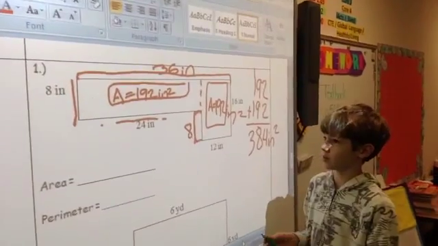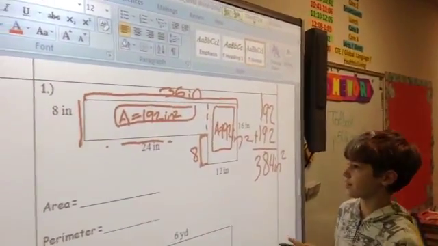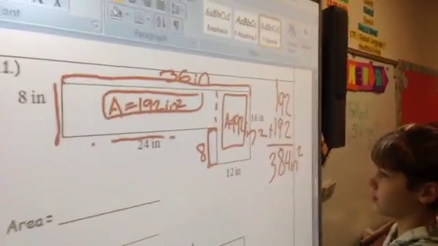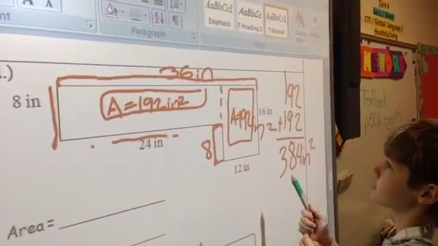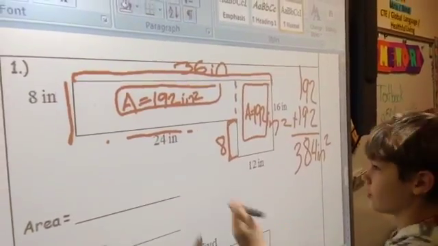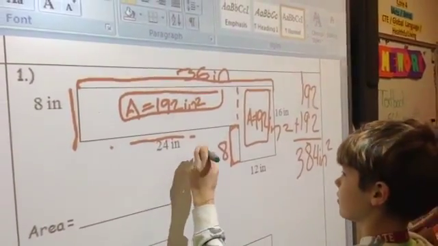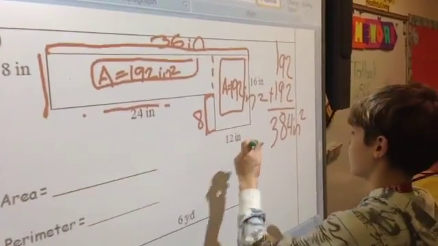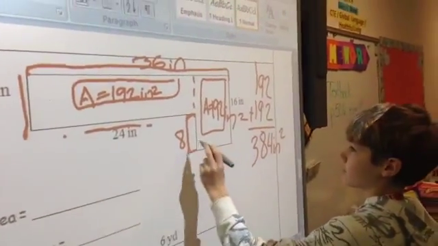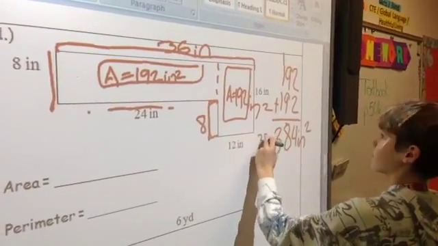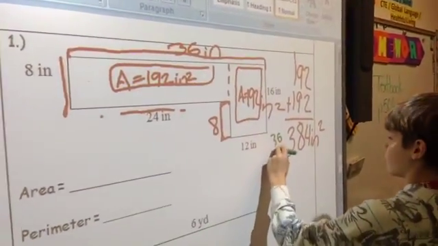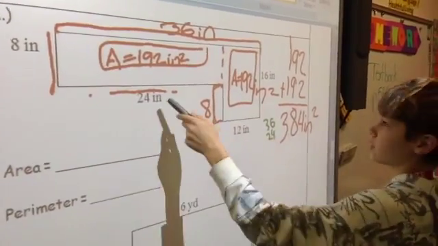I will be doing the perimeter of this irregular figure, and so basically we already have all the sides filled in, but earlier you would have to find those. But so we have 8 here, 36 up top, 24 right there.